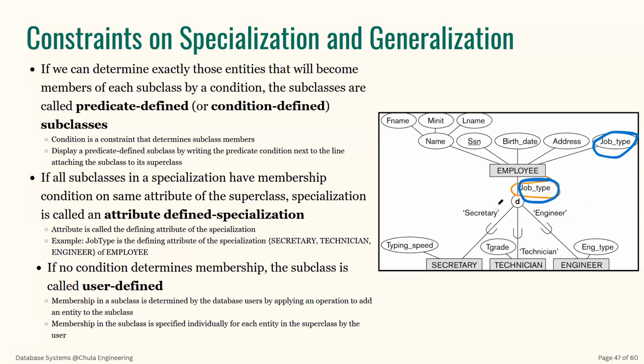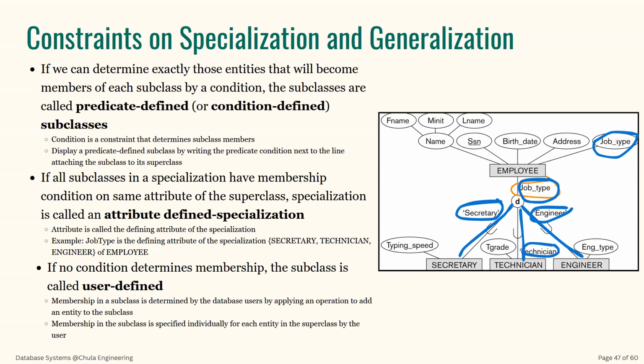And then you also write down the condition: if job type equals secretary, go this way. If job type equals technician, go this way. If job type equals engineer, then you go this way. So what is predicate defined here is job type.